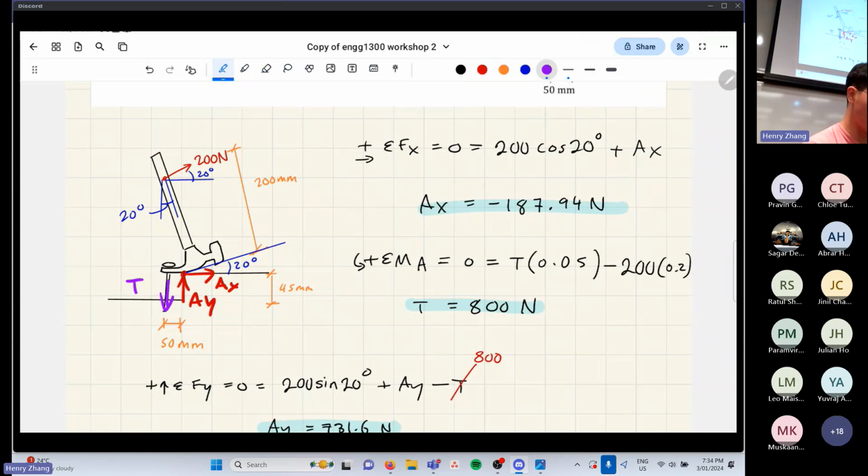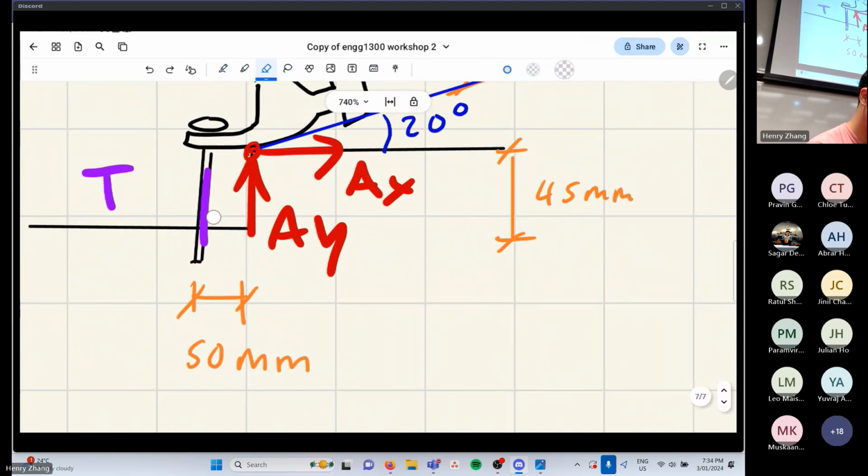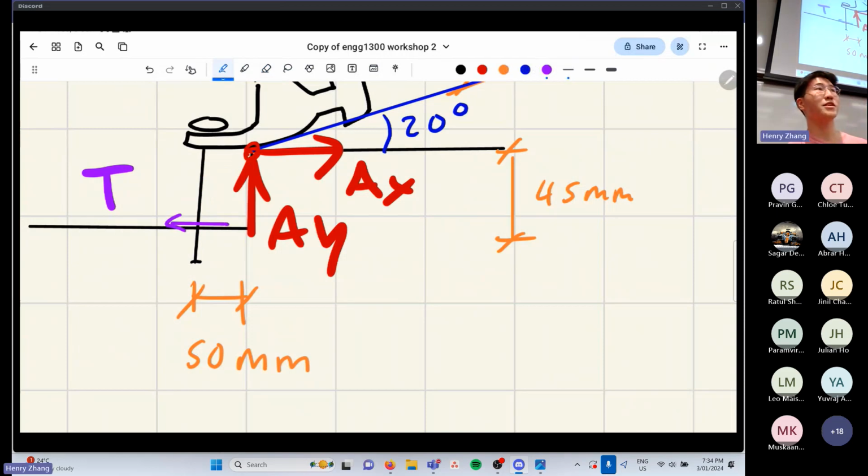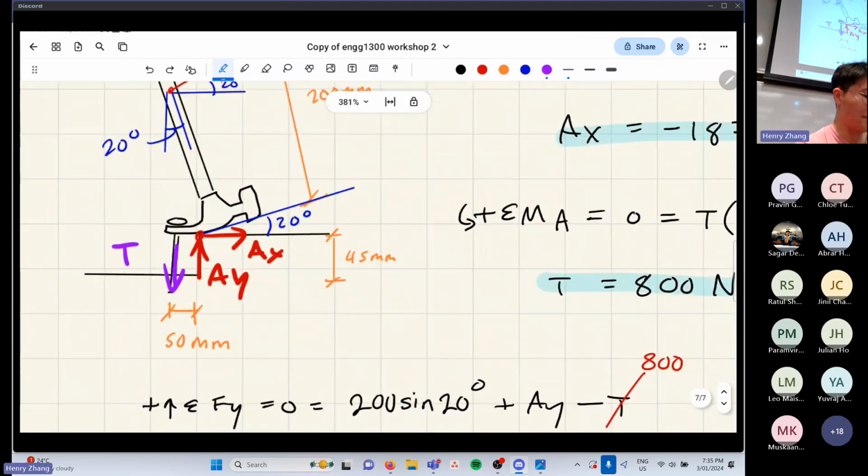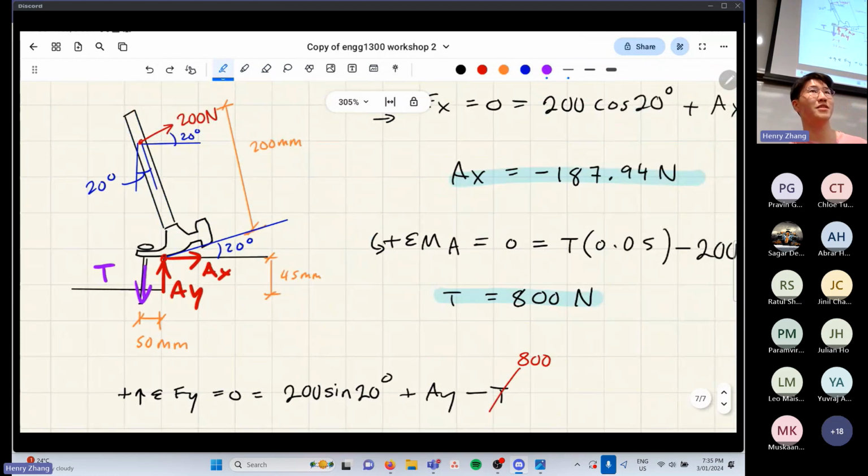So you wouldn't draw the tension in a nail sideways. You can think of the tension in the nail as an unknown that's going into the wall. I think that's the best way I can put it.